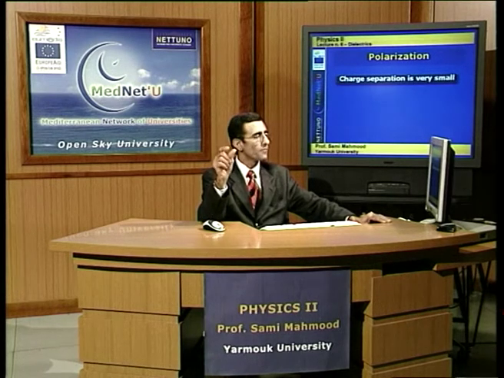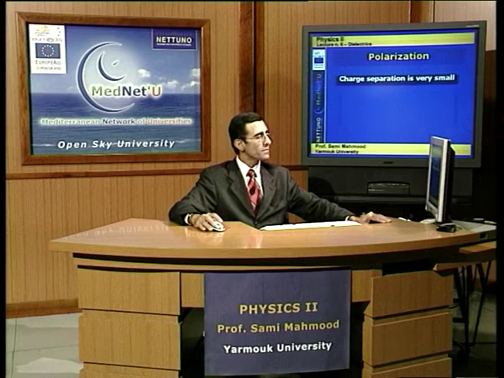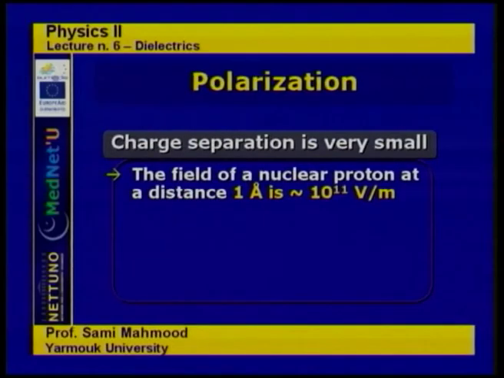And now it is worth mentioning that the charge separation delta is really, really small. This can be seen if we consider, for example, a nuclear proton, where the amount of charge is of the order of the electric charge on the proton.